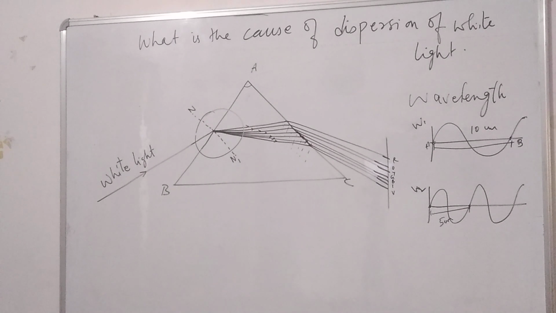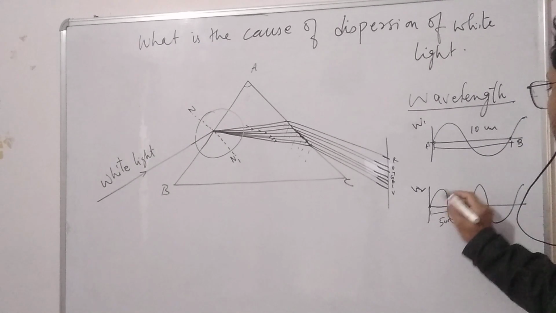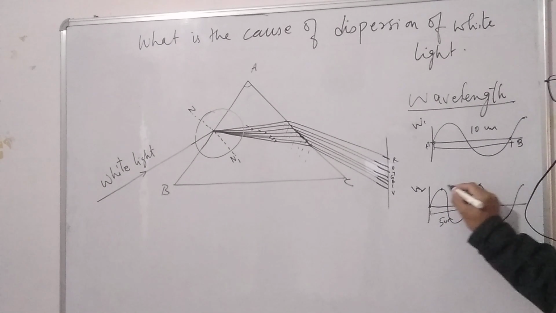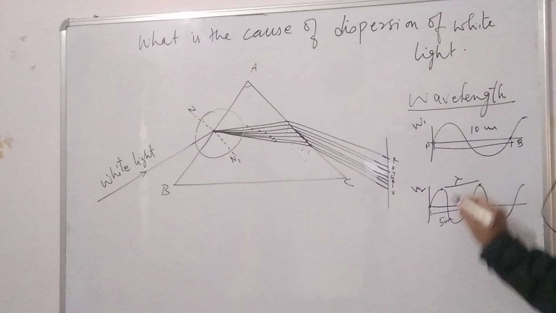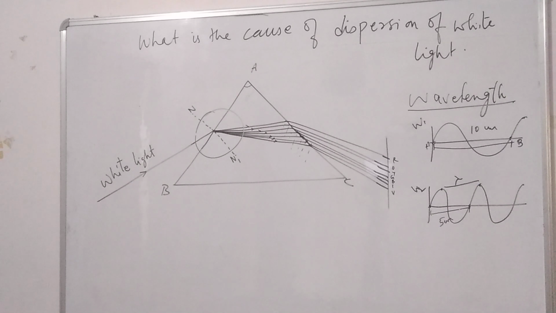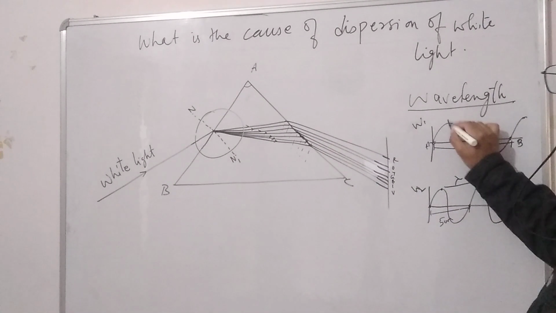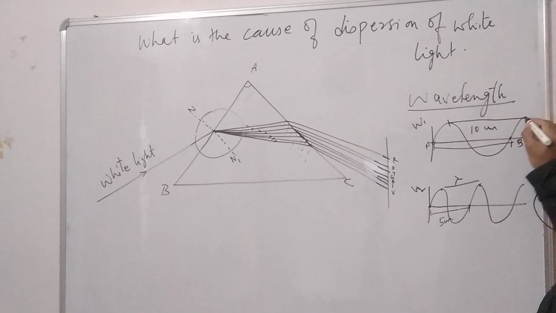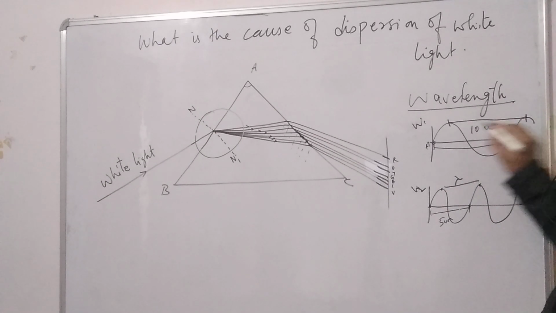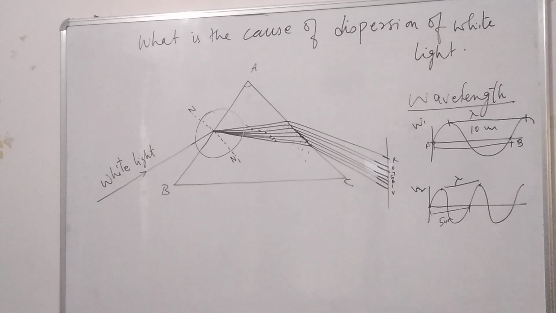So what is actually wavelength? Wavelength is this only, the distance of one complete wave. Same way here, if it starts from here, the measurement will end here. So this is wavelength, that is denoted by the sign lambda.